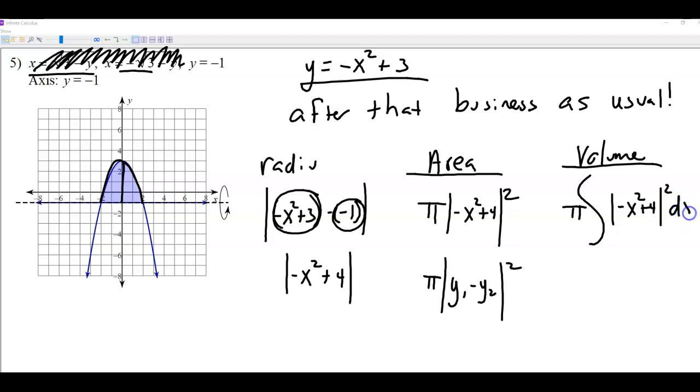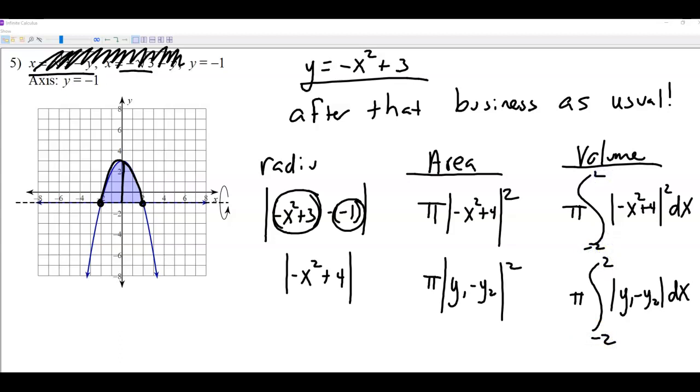And we're doing this with respect to x, or on your calculator it would look like this. We still need to find our limits though. How far are we going? Well, since I'm integrating with respect to x, remember it's left to right, so we're going from here to here, which is negative 2 to positive 2.